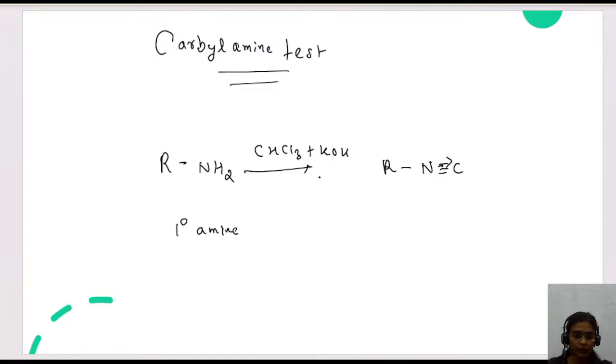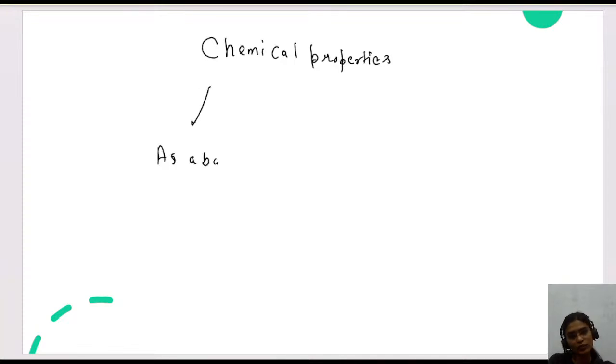Let me quickly give you an overview of what we started in the previous classes. We were discussing the chemical properties. In the chemical properties, we already covered the amine behaving like a base. Now we are discussing it as a nucleophile.